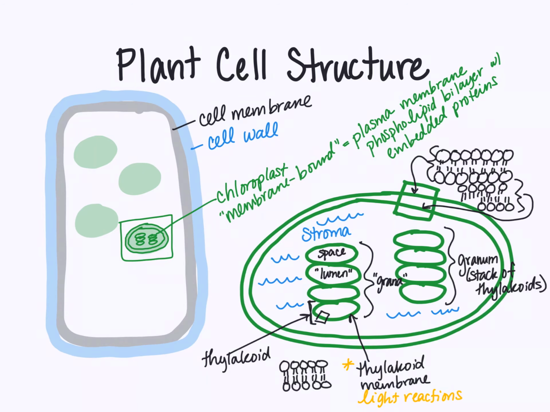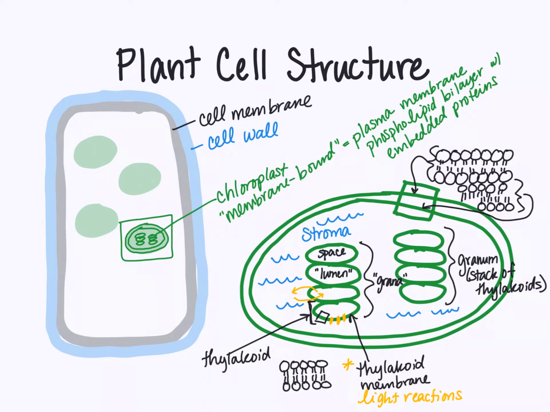Embedded in this thylakoid membrane, there are these proteins that we'll talk about a little bit more. And these proteins are involved in those light reactions, with some materials being transported from the thylakoid space or lumen out to the stroma, or from the stroma into the thylakoid space.